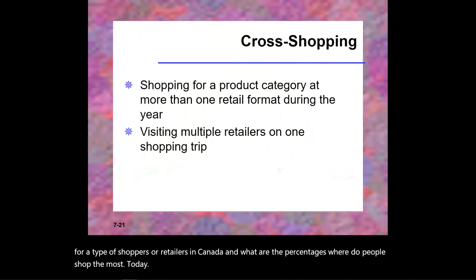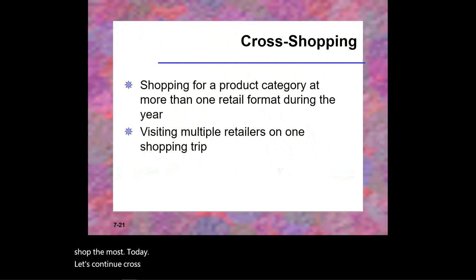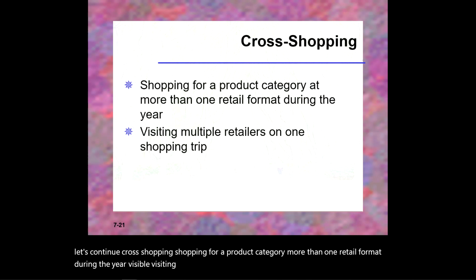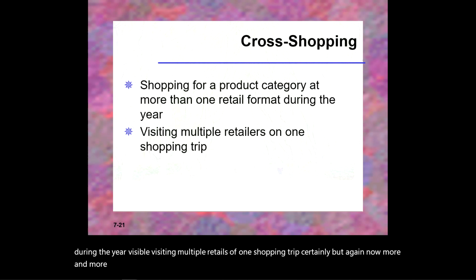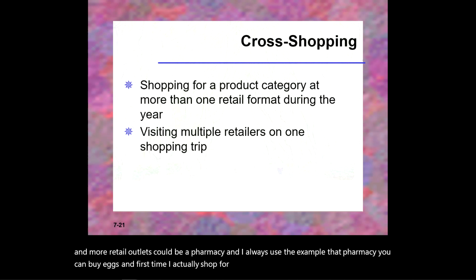Let's continue. Cross shopping: shopping for a product category in more than one retail format during the year. Visiting multiple retailers on one shopping trip, certainly. But again, now more and more retail outlets, it could be a pharmacy. I always use the example that at a pharmacy, you can buy eggs. The first time I shopped for eggs, I was told to go buy eggs at a pharmacy.